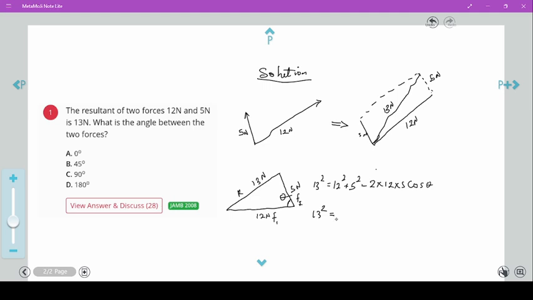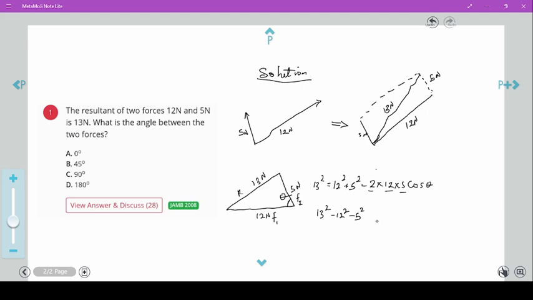So I'm going to have here 13 raised to the power of 2, subtracting 12 raised to the power of 2 from both sides, then subtracting 5 to the power of 2 from both sides. And then we also have to divide through by 2 times 12 times 5. 2 times 12 would give us 24. 24 times 5 would give us 120.